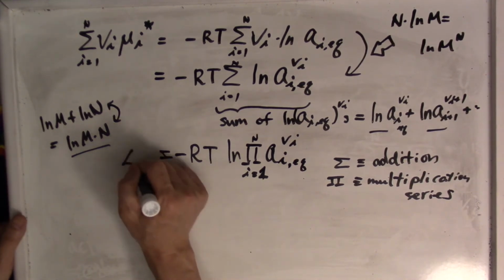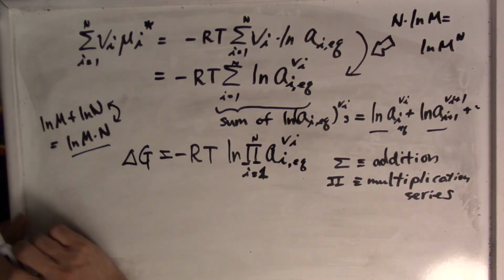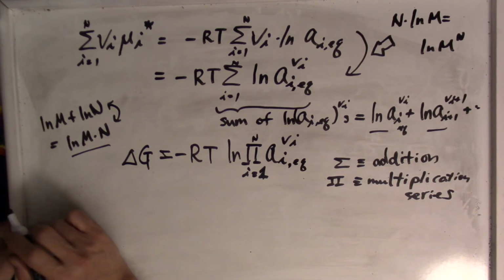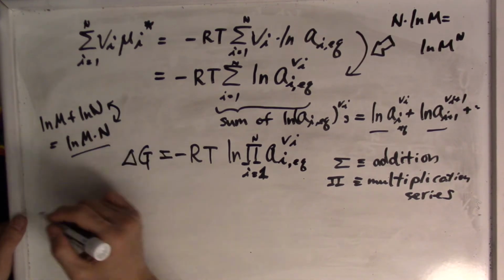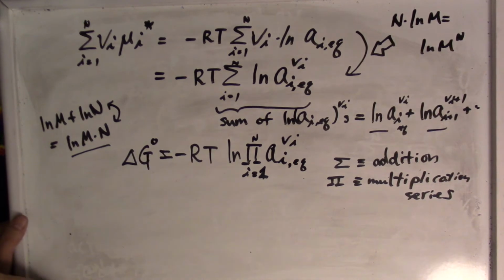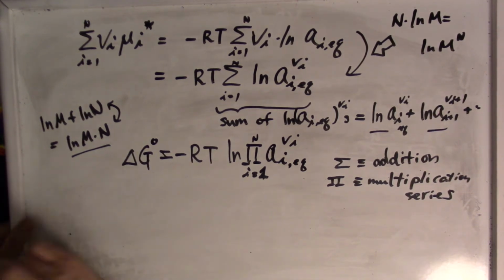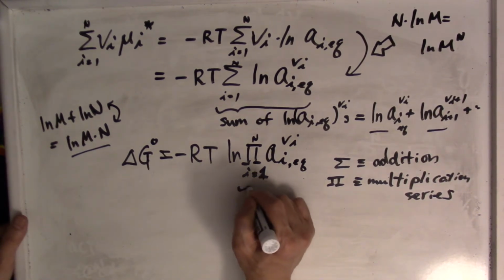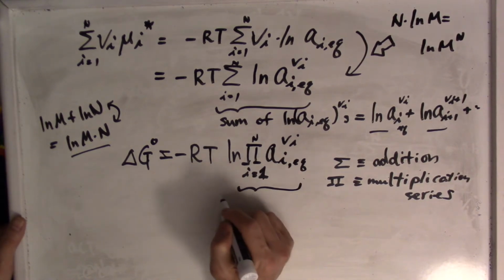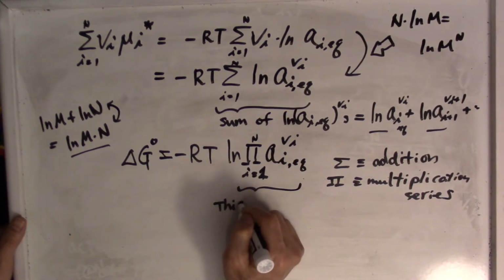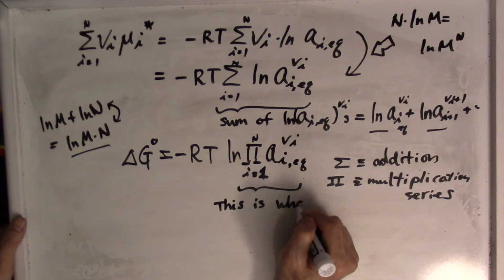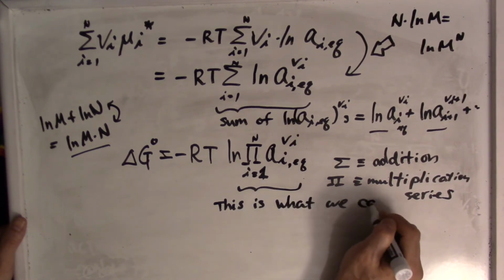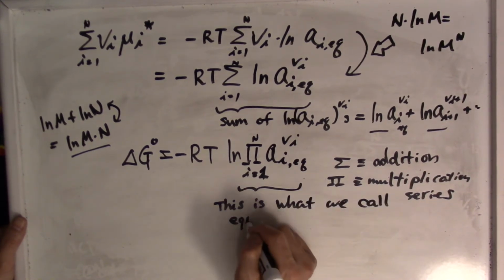So this is delta G. At equilibrium, it's the standard delta G, which is equal to minus RT times the natural log of this part right here, which we call the equilibrium constant.